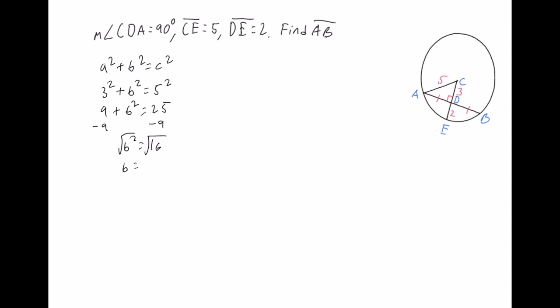B equals 4. So we now know that side AD is equal to 4. And as we figured out before, DB is the same length, so that is also 4, meaning AB is 8.